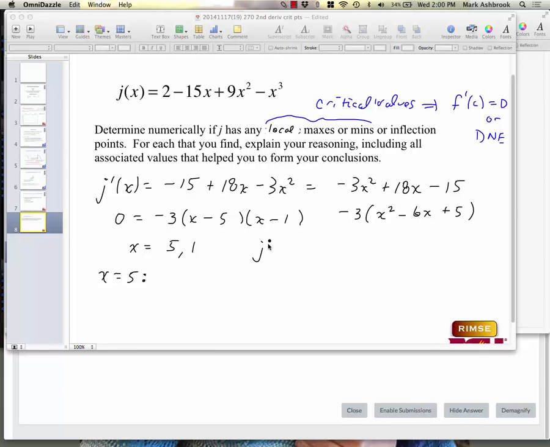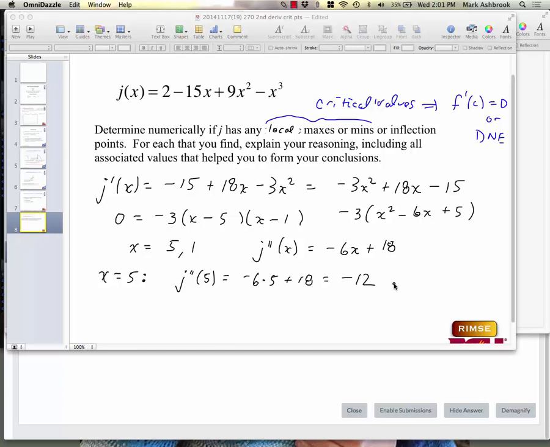The second derivative tells us stuff. So let's do the second derivative. Let's go back to this one. The second derivative is minus 6x plus 18. So, second derivative at 5 is what? Negative 6 times 5 plus 18 equals negative 12.